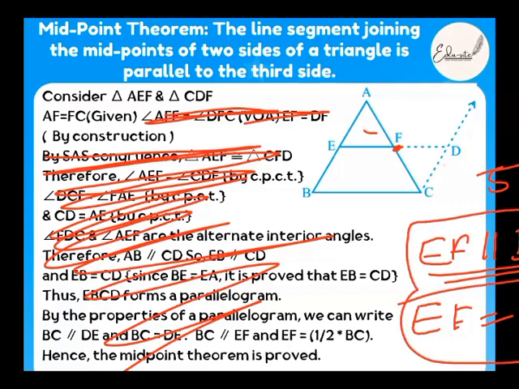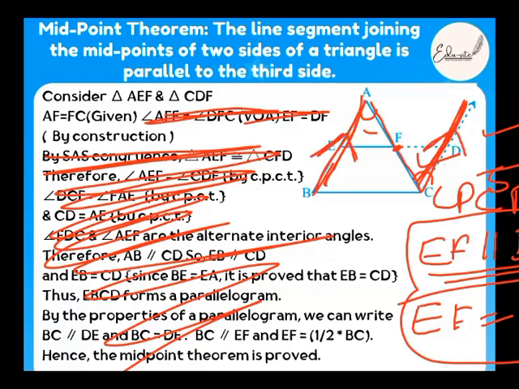First, you have proven the congruency in these two triangles. Triangles is done. Now what you have to do, beta? Because of CPCT, right? What comes into picture? This angle and this angle are equal. If these alternate angles are equal, then the sides are parallel to each other.